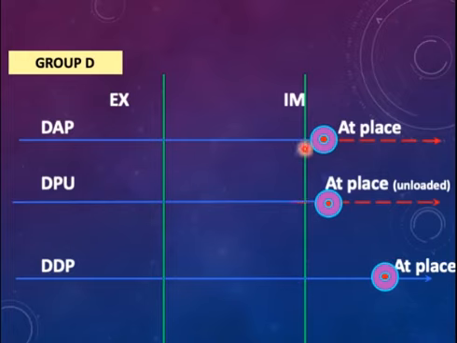But for the others, the buyer will pay for the import clearance, but the seller has to pay to deliver the goods to some place in the importing country, to pay for the transportation to here, any place in the importing country. So you can see that from group E to group D, the obligation, the cost and risk to the seller increase and to the buyer decrease.